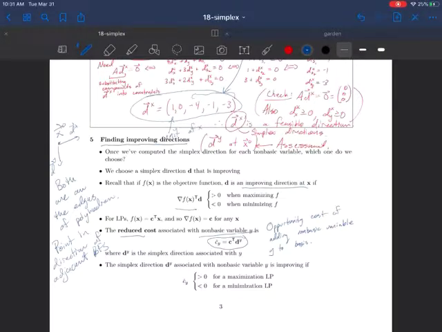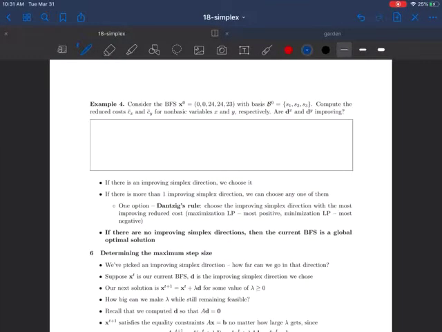So we say that the simplex direction is improving if that reduced cost is positive for a max LP or negative for a min LP, and of course that's just the same thing as this condition. I'm going to let you, for the assessment, compute the dy reduced cost, and I'm going to compute the dx reduced cost.